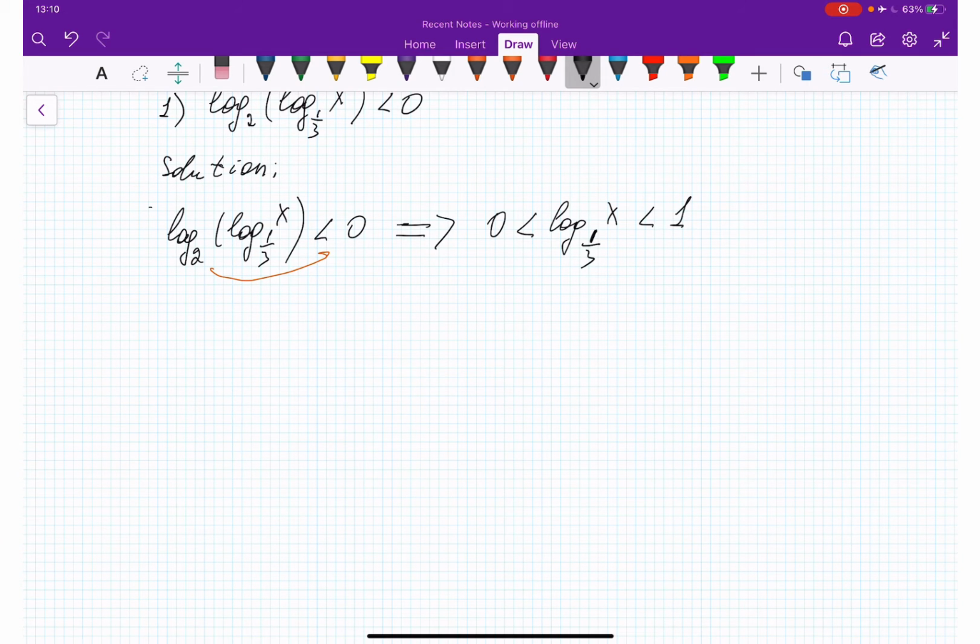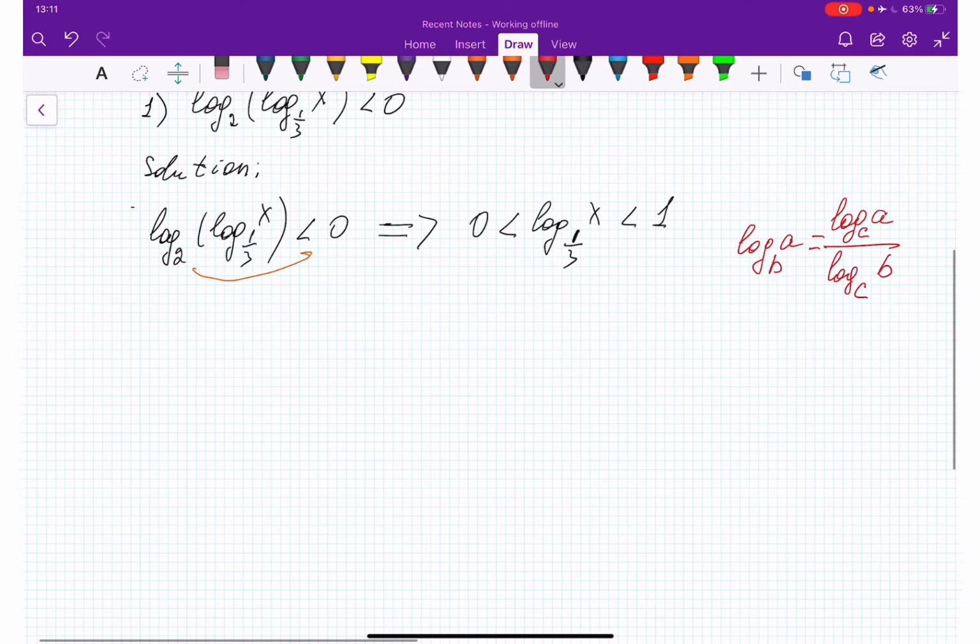So from here, I'm going to use some properties and do a change of base. Based on the property of logarithm, logarithm a by base b, I'm going to change the base, it's going to be logarithm a by base c, and this base c you can choose yourself, whatever you need, divided by logarithm b by base c.